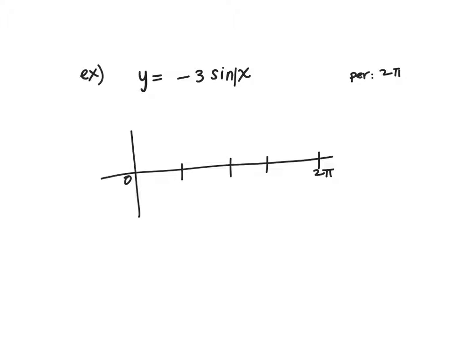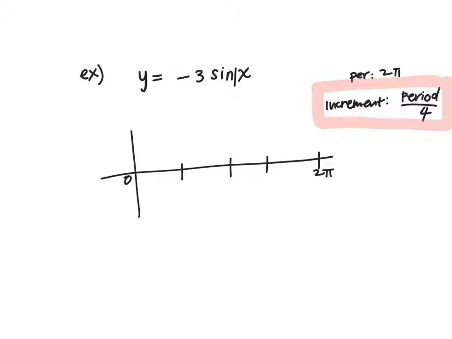And notice that each increment, the way you find that is you take the period and you divide into 4, because we have 4 intervals here. 1, 2, 3, 4. We want to take the period, divide by 4, and that'll tell you what number to add by each time. So period divided by 4 is your increment.